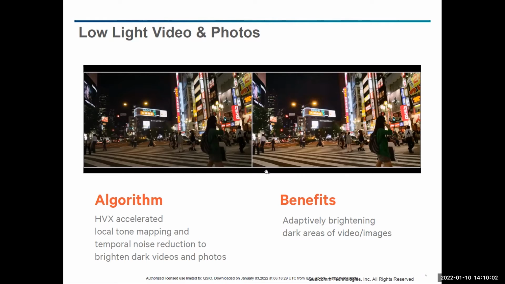The algorithm improves the local tone mapping, and it reduces the temporal noise which is introduced in low light scenarios. What this eventually does is adaptively brighten the image and reduce the dark areas of all the videos and images. And this algorithm is actually running on HVX.